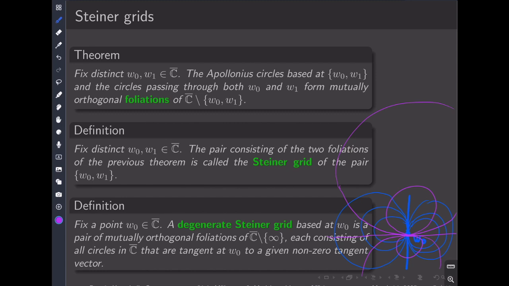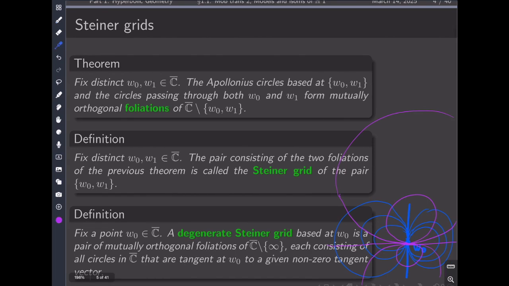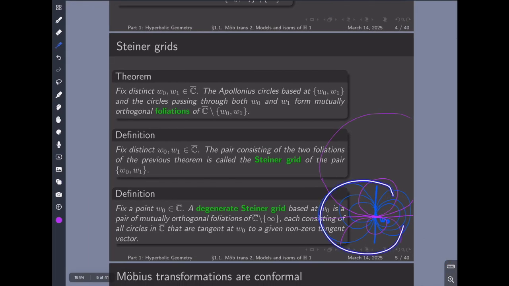Of course, there's a slight distinction between the situation of two different points and only one point. In the case of two different points, the family of Apollonius circles and the family of common circles are uniquely determined by the 2 points, whereas given 1 point, there is not one degenerate Steiner grid based at that point but infinitely many, because I have to give you not only the point but the tangent vector.